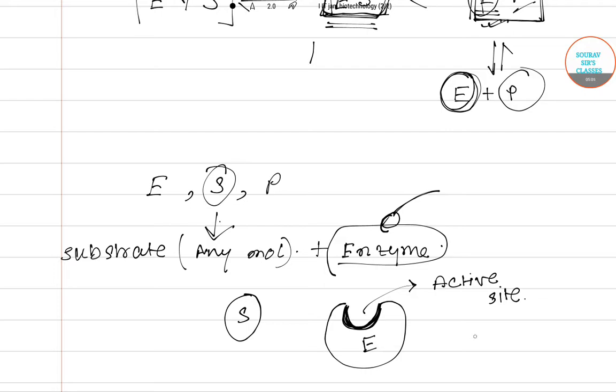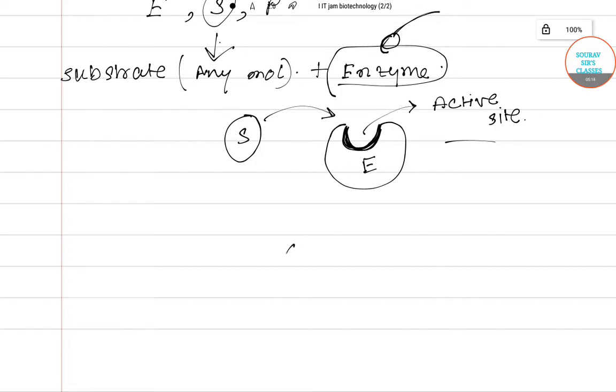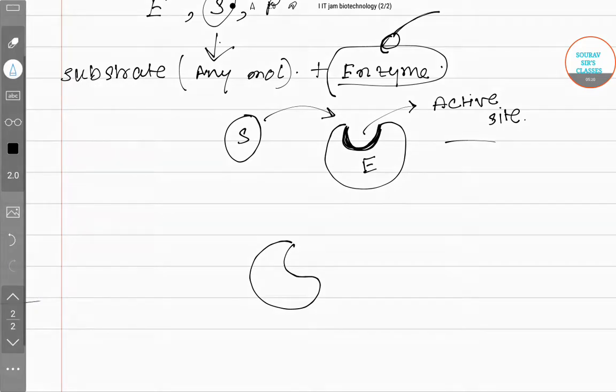Now at this active site the substrate will get bound. So the thing will look like this, the enzyme, and I'm using another color for the substrate.